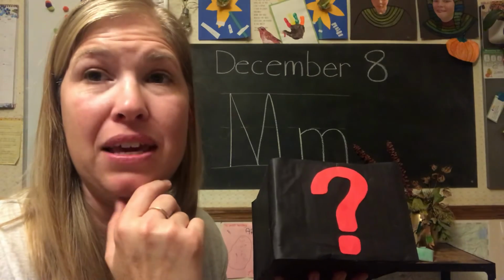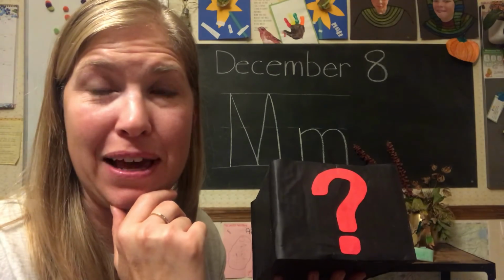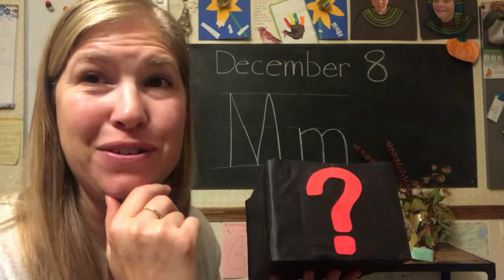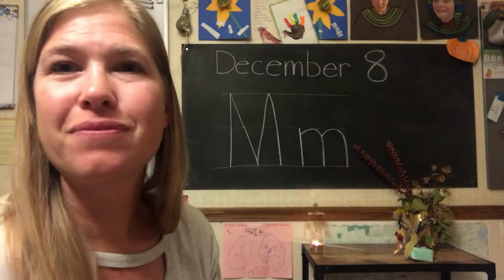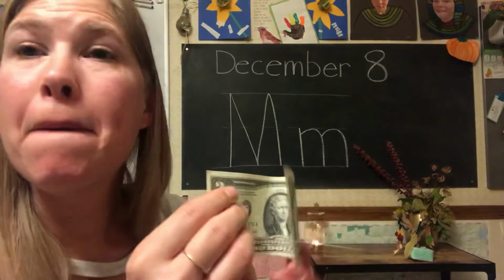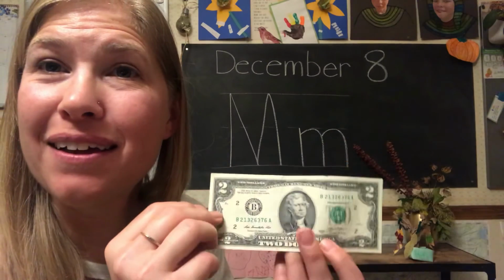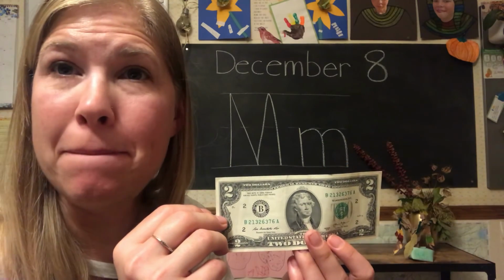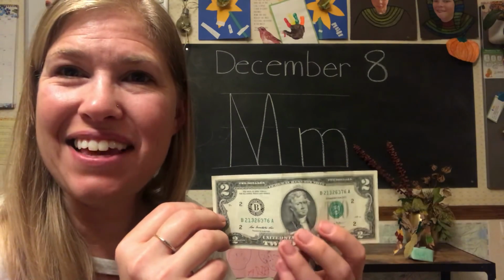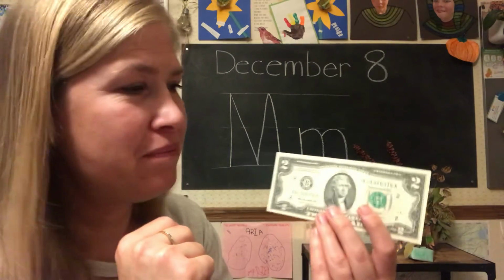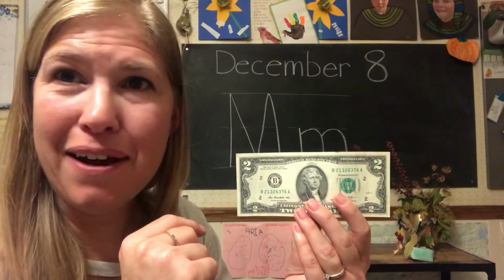It can be coins. I bet you guessed it. Did you guess money? That starts with an M. Money. And this is kind of an unusual bill. I don't know if you've seen one of these. This is a $2 bill. They don't make a lot of them.